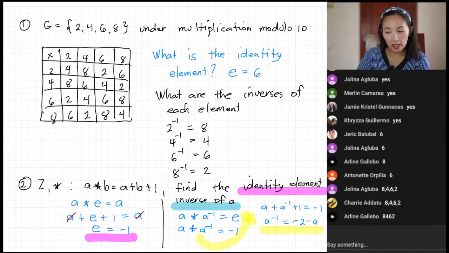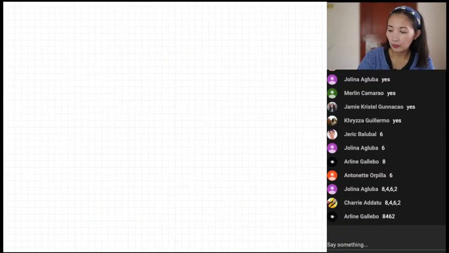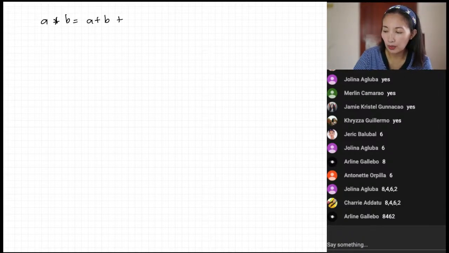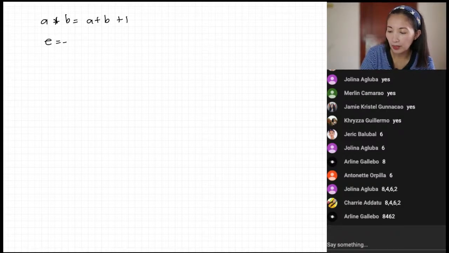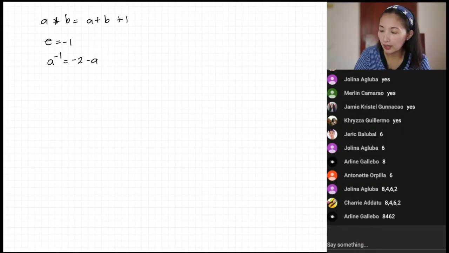Now let's check whether this really is the inverse of A. Again, by definition, A star B is equal to A plus B plus 1. What did we find out? That E is equal to negative 1 and that A inverse is equal to negative 2 minus A. Okay, i-check natin.